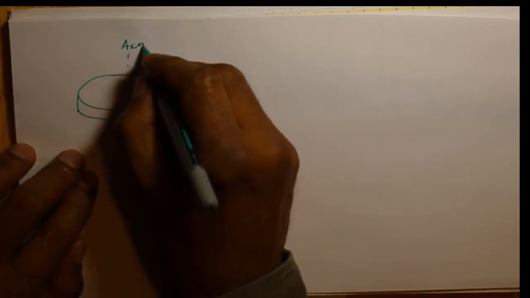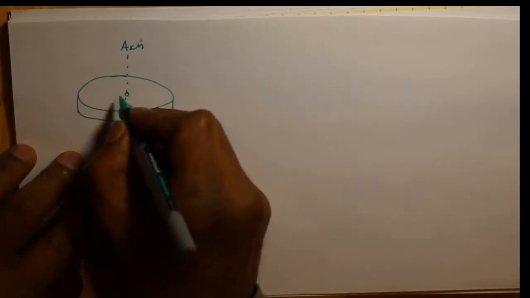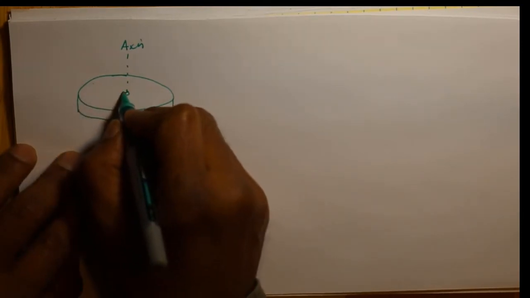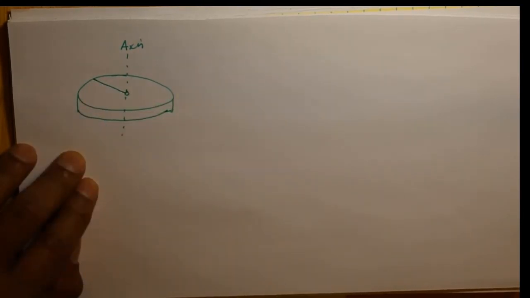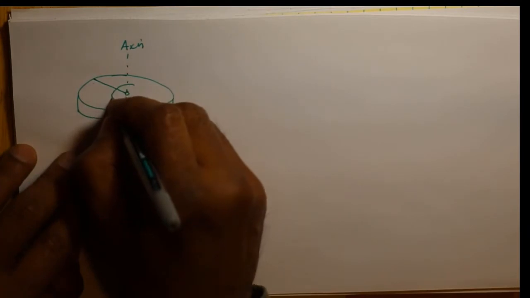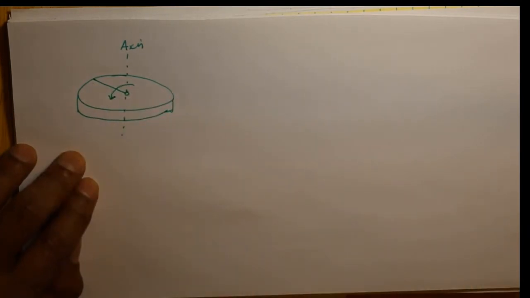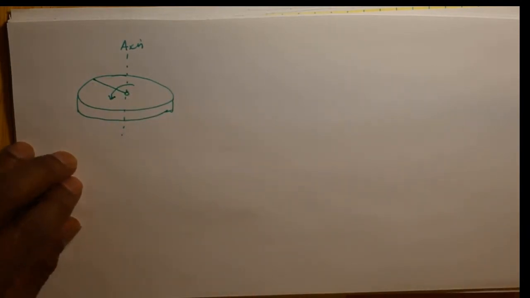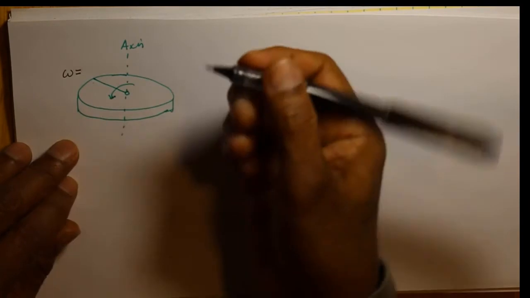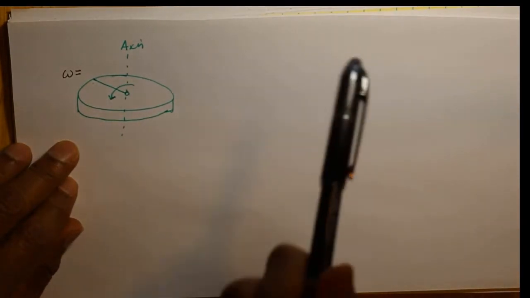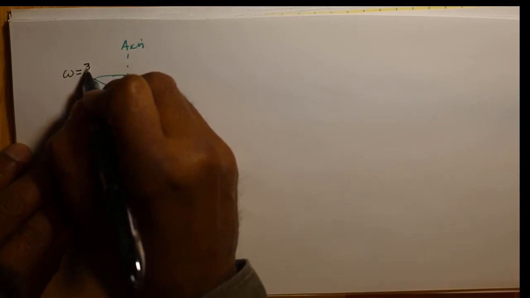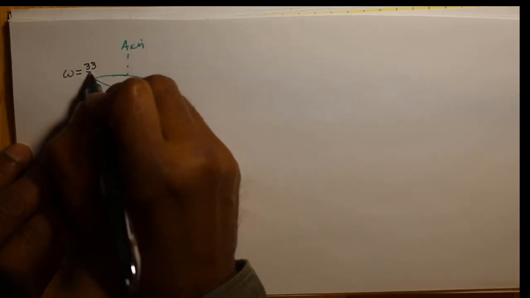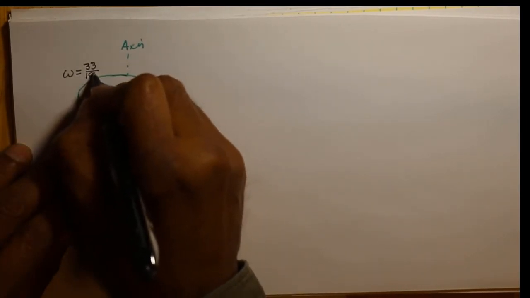At that instant, the angular speed omega is, let's see, it was 50 over 18 pi, maybe it's actually 33 pi over 18.